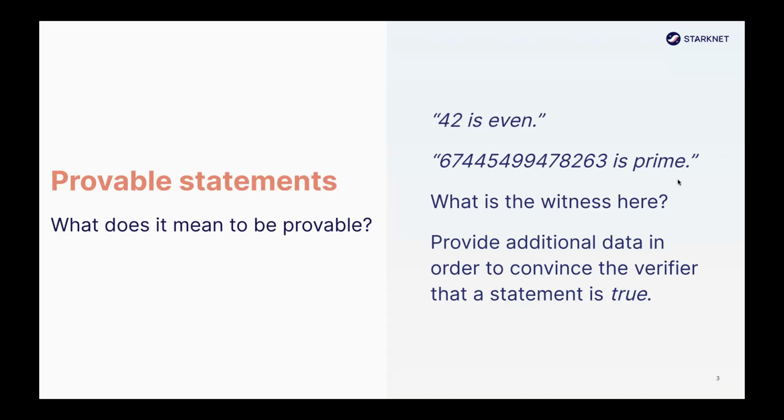So we need to provide additional data, right? So we can add some witness, which could be the factors of this number. And this would actually be the proof as well, because whoever is checking it can verify that this is true indeed. But in any case, we want to provide some auxiliary data in order to be able to convince the verifier that a certain statement is true.